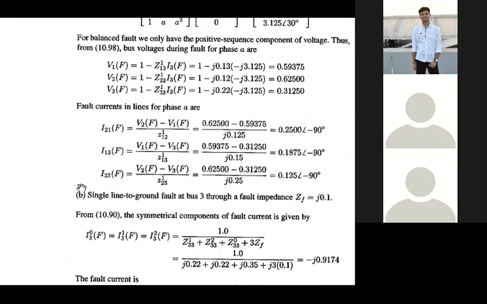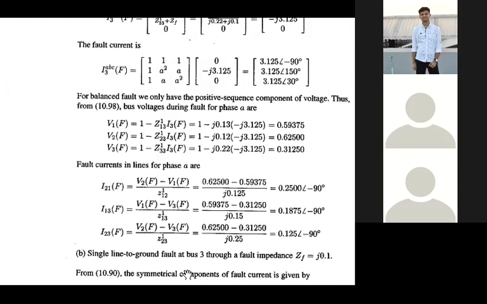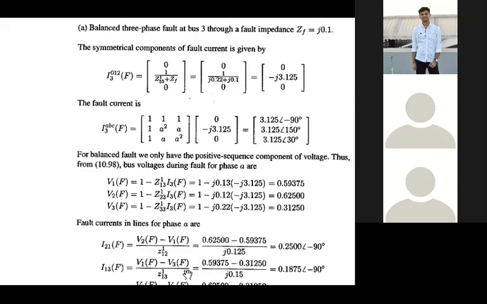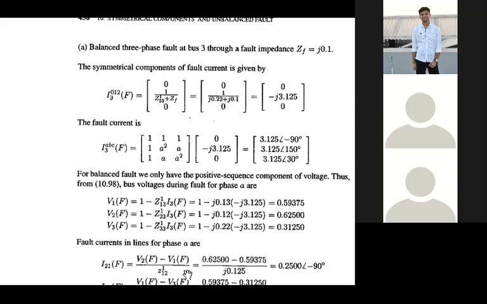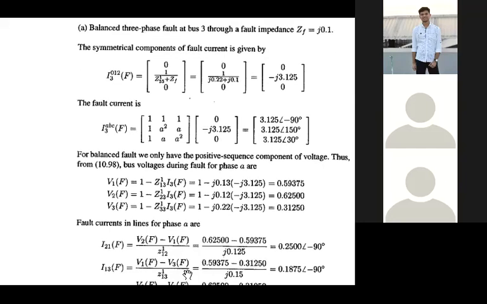So in the first part, sir, our fault was what kind of fault? It was a three-phase fault, balanced fault. Three-phase fault is like that: three lines can be shorted to have that fault.